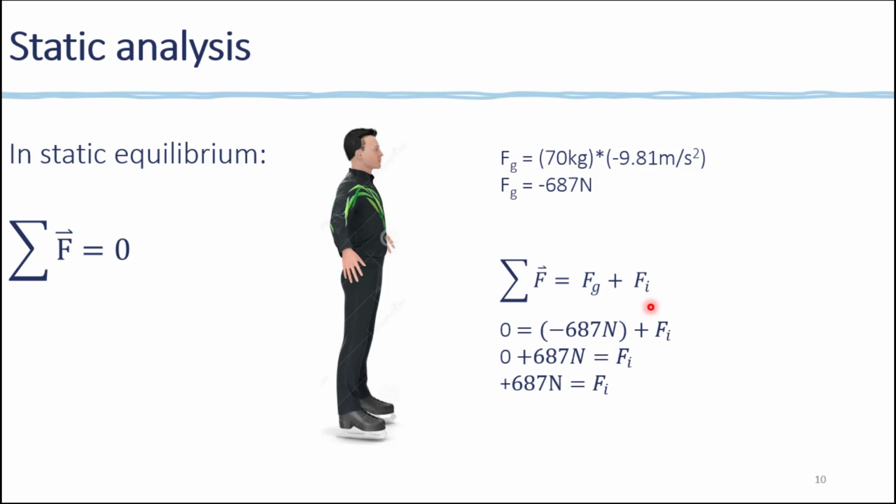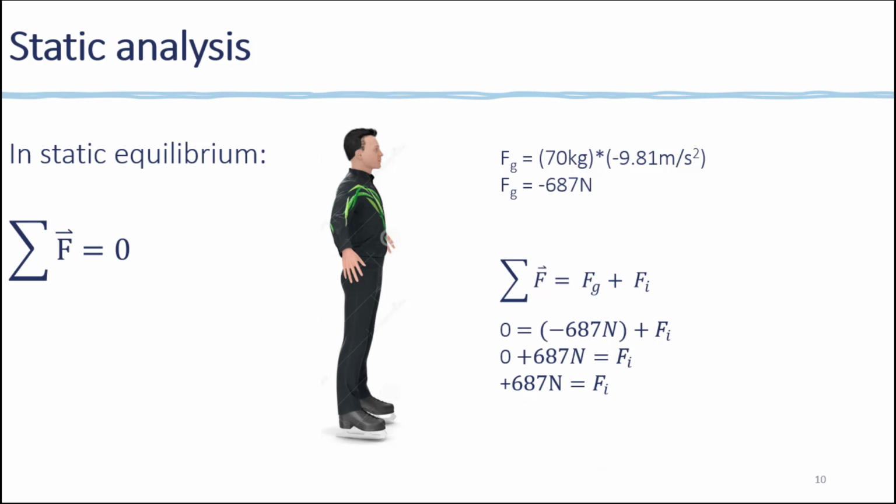So the reaction force from the ice is basically just, rearranging the equation, the opposite of the force of gravity, right? And that's what we get here when we plug everything into our equilibrium equation. So the force that the ice exerts on the skater is plus 687 newtons, or 687 newtons acting upwards.